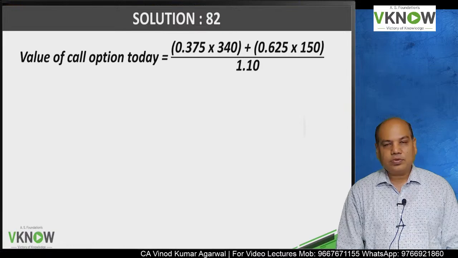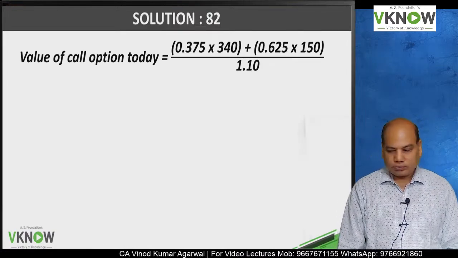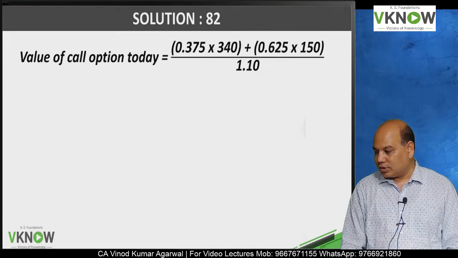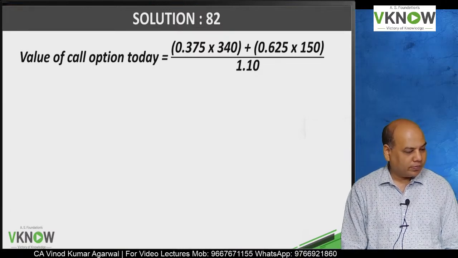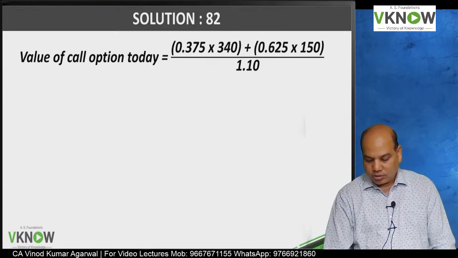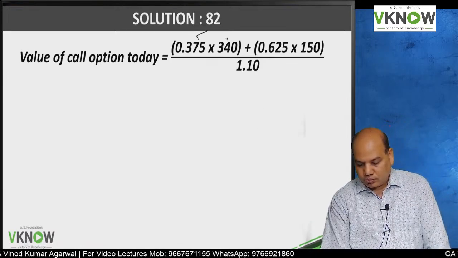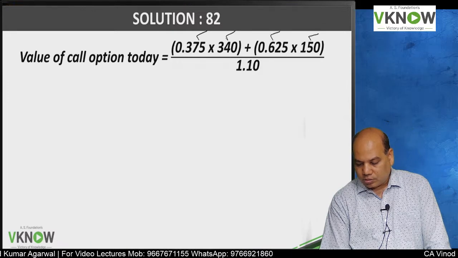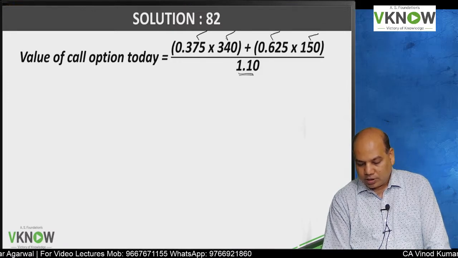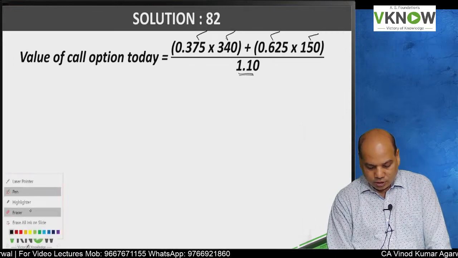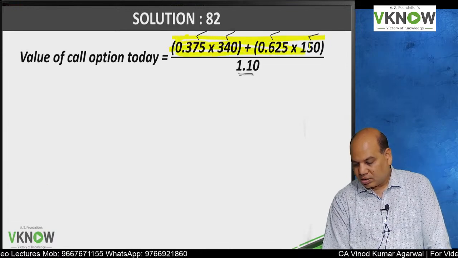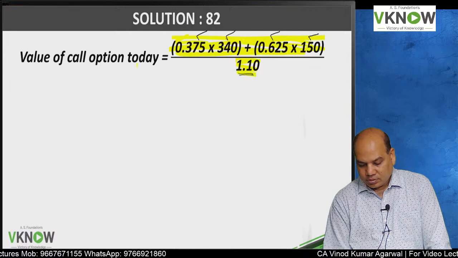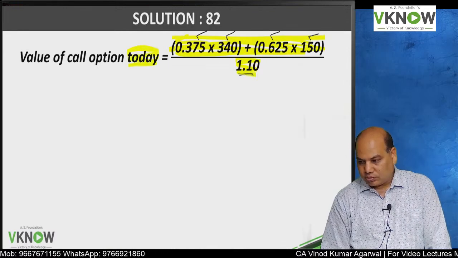So write down please. Have you noted the diagram? Yes. Now write down the value of the call option today: probability into value plus probability into value, and divide by 1.10, because the value you are getting is after 1 year, and dividing by 1.10 gives you the value in year 0.